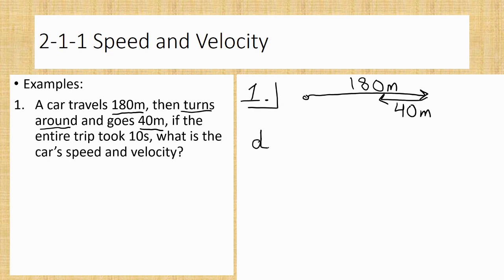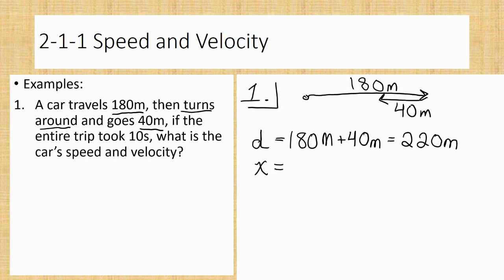This will give us a distance of the sum of these two values. 180 meters plus 40 meters, 220 meters in total.